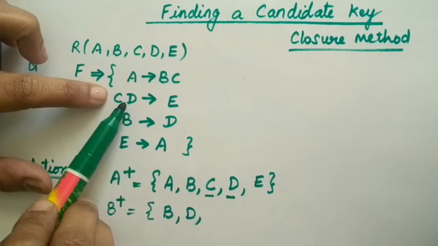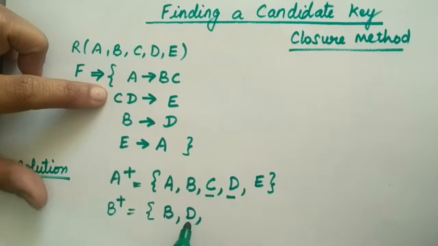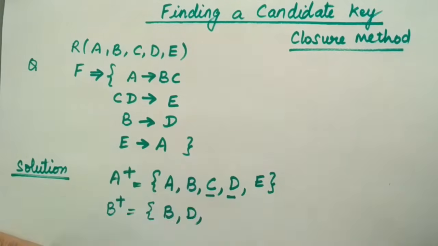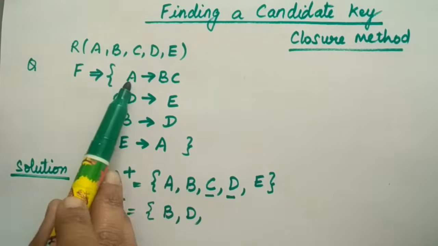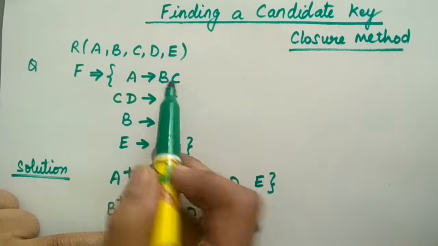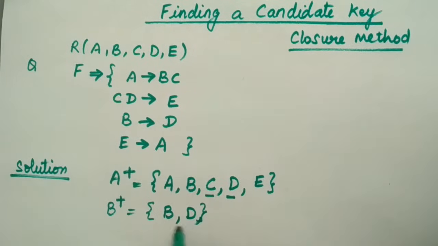No, I cannot use this FD because to determine E, I need C and D both. But I have only D. I do not have C with me. So I cannot reach E. And I don't have A here also, so I cannot reach B and C. Hence, with the closure of B, I can reach only 2 attributes.